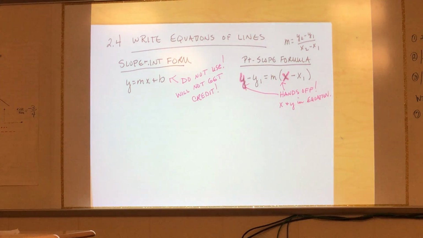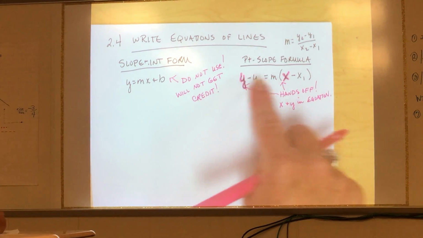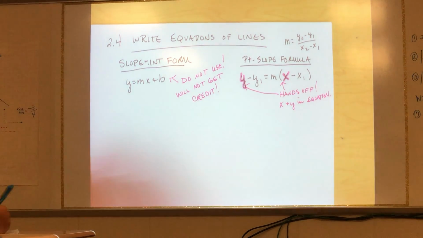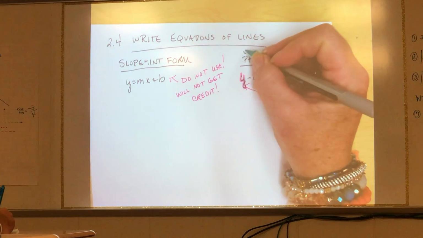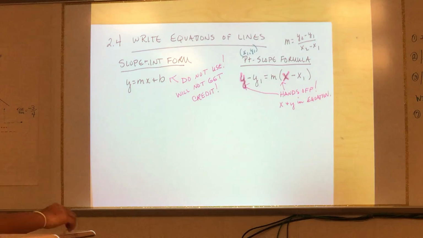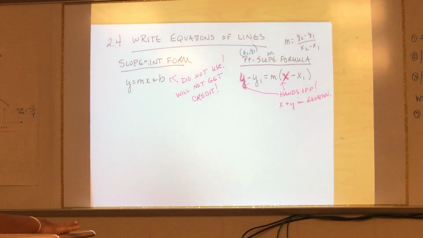I need to have an x and a y in my equation. So these will be them. So I will never touch these guys right here, okay? Obviously, your point is going to be the point x sub 1, y sub 1, okay? And my slope will be m. And then all I'm going to do is plug them in and work it out.